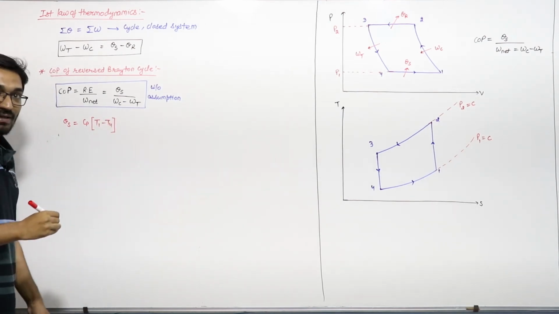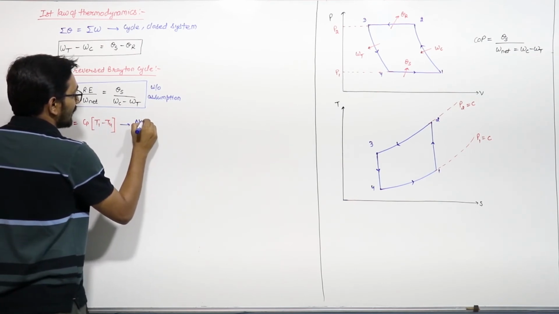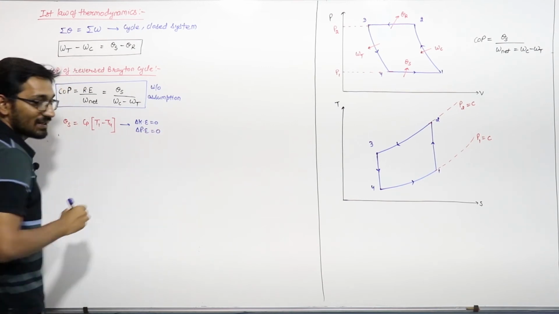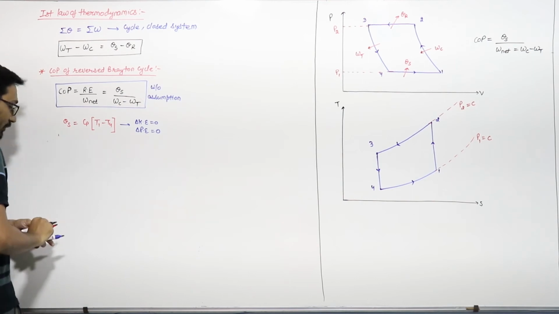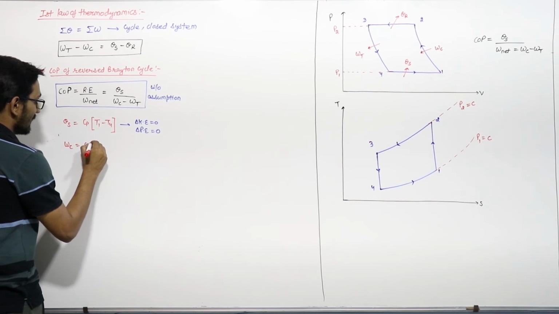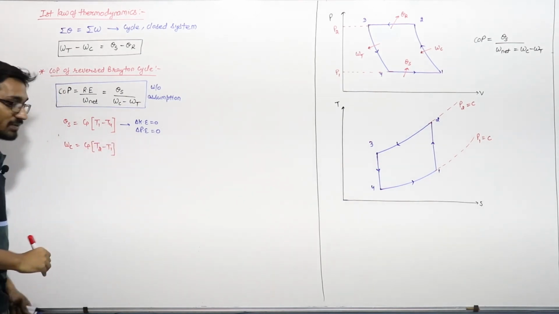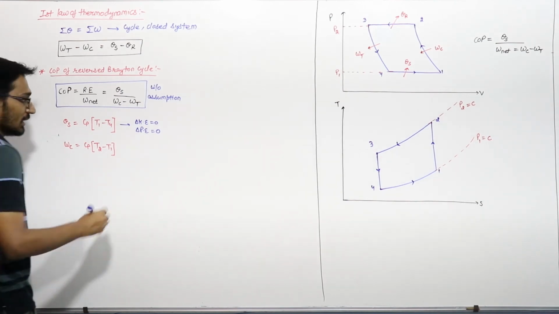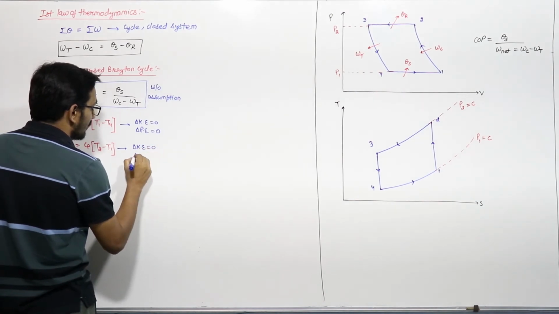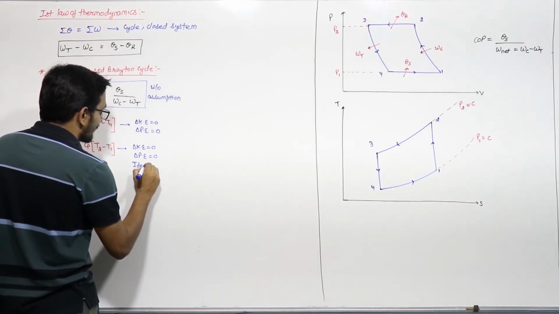If you remember the previous discussion, the assumptions of using this are that changes in kinetic energy is 0 and changes in potential energy is 0. And we wrote that the work required by the compressor is Cp into T2 minus T1. The assumptions are changes in kinetic energy 0, changes in potential energy 0, and one more assumption, ideal gas.